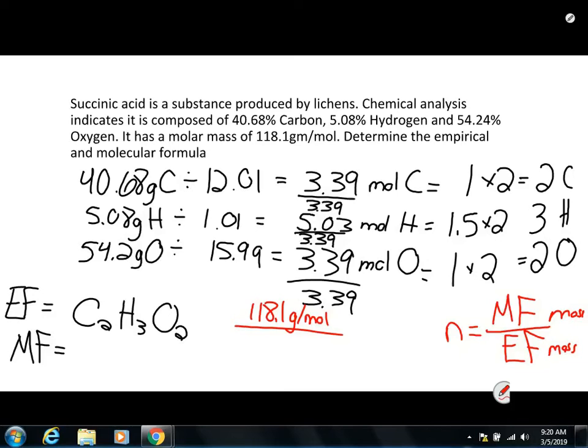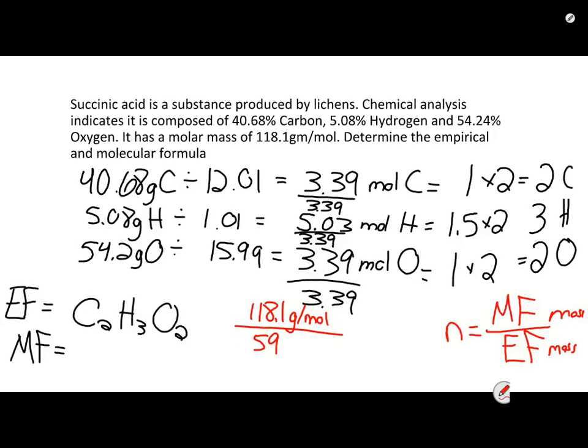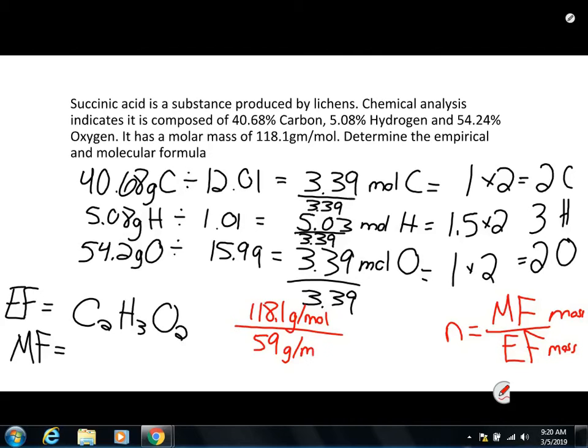If I do that, I will find that my molar mass is about 59 grams per mole. 118.1 is given to us in our problem. The molar mass of my EF, C2H3O2, comes out to about 59 grams per mole. Okay?